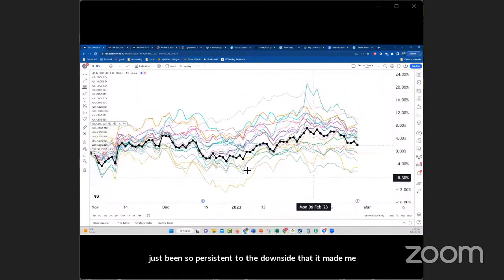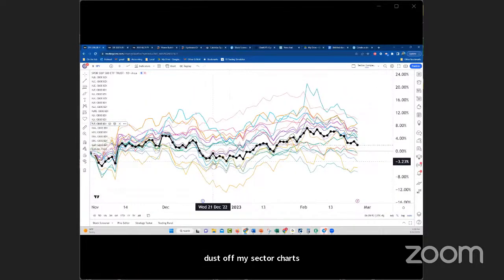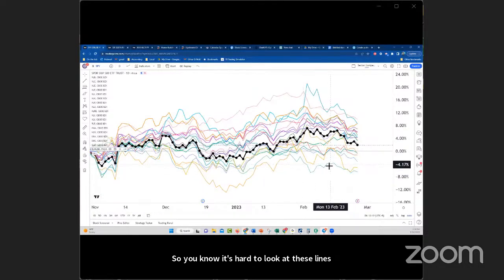This spaghetti line chart is all of the sectors in the U.S. market and a few other assets like bonds, small caps, mid caps, agricultural commodities, hard commodities, gold, and of course the euro. It's hard to look at these lines and pick them out unless you get used to what you're looking for.